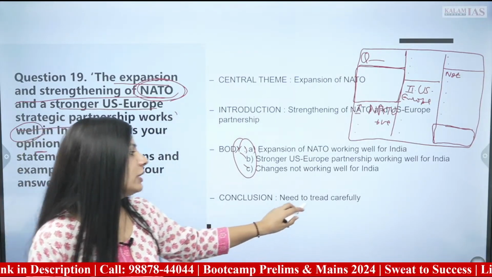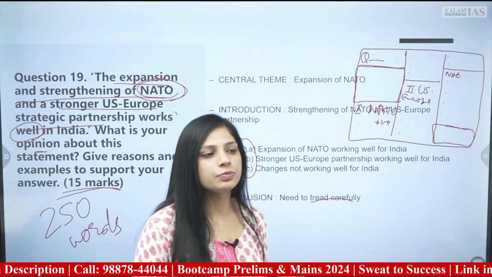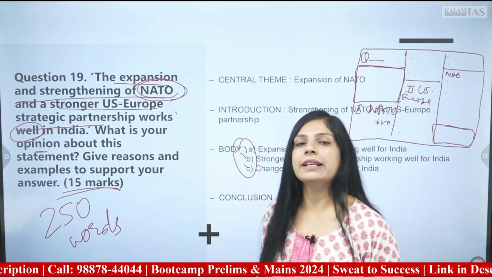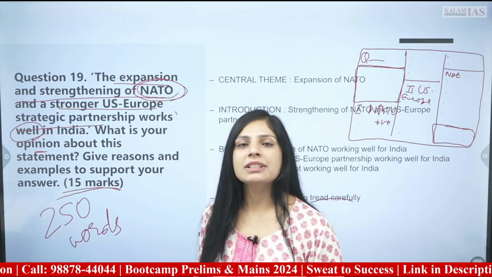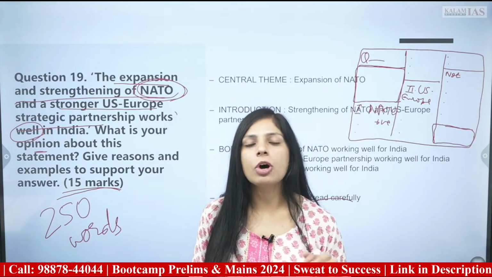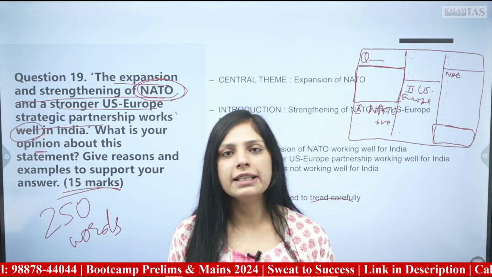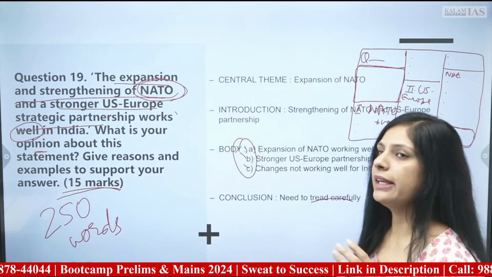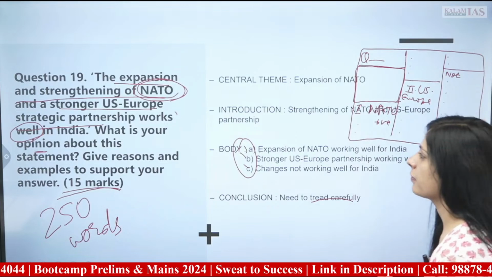India needs to tread very carefully to uphold its national interests and its long held values such as non-alignment. So all that, the need to look at our national interest first, can be highlighted in the conclusion, right? This is how you can answer this question.